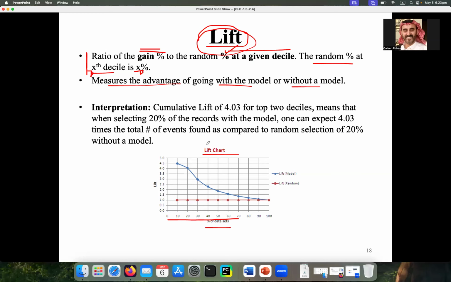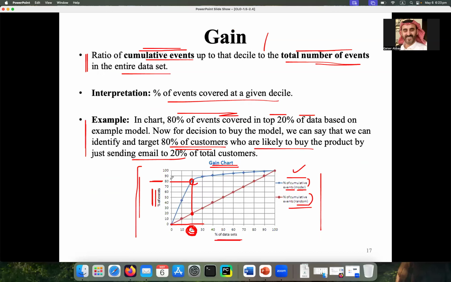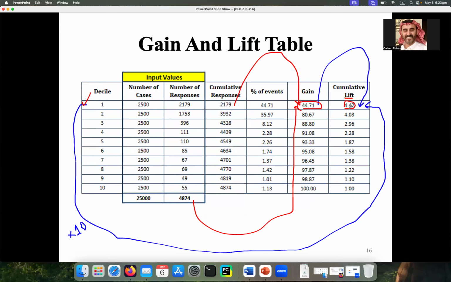So if you have a higher value for the lift, higher than 1 at least, I'm just saying, just an estimate, then it means that that model is, for example, good.